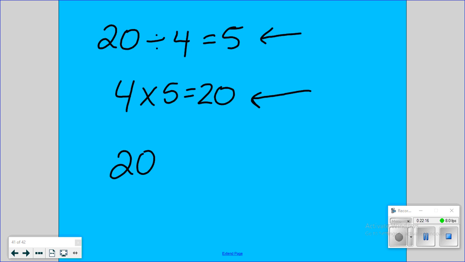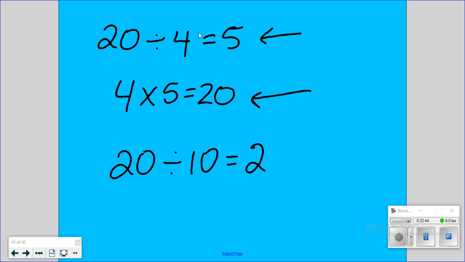How many? 10. How many groups did we make? 10. Put into 10 groups. Keep going. Equals 2. 2 in each group. 2 in each group.